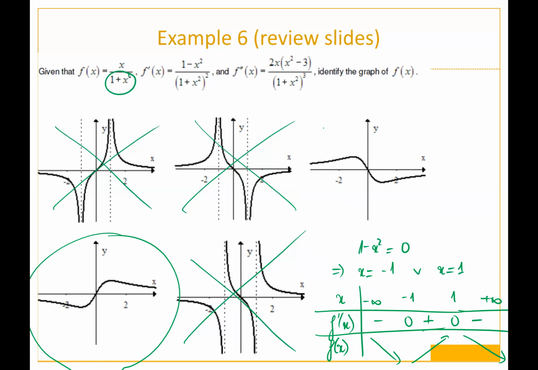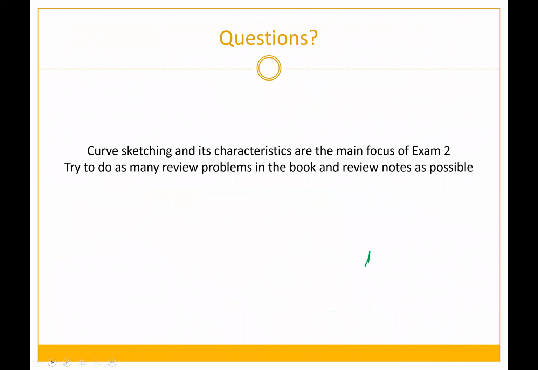Now, another thing to check is the concavity. You can work out the concavity from here. Again, it only depends on the sign of x multiplied by x squared minus 3. So I'm going to make a little note here, continuing example 6. You have x squared minus 3, and then f double prime of x.